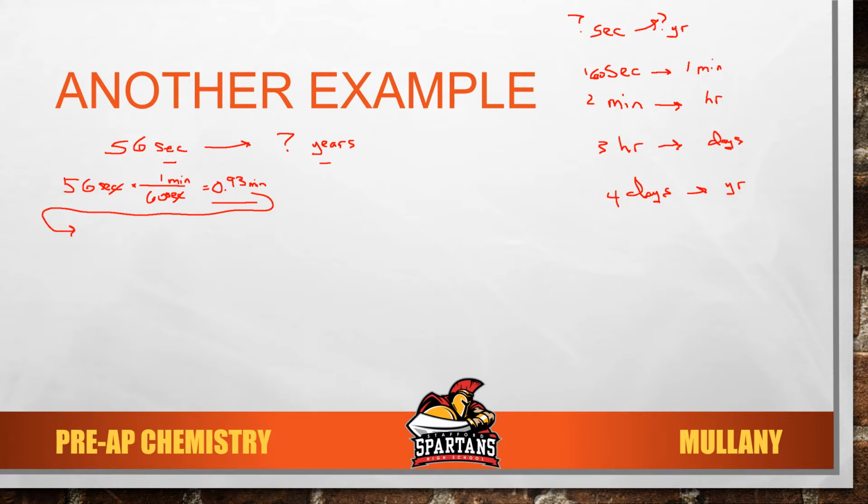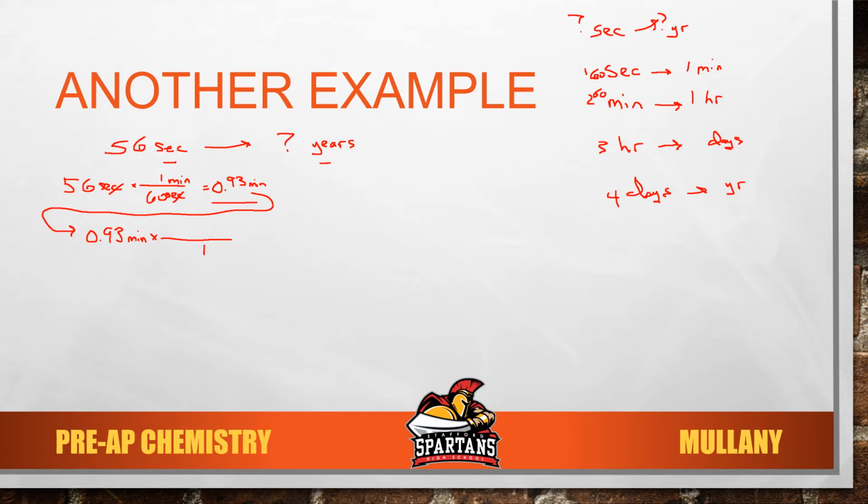Okay, now we're going to take this and do our second conversion. This is now what we're given to start with. 0.93. I always write the 0 first before a decimal point. It just helps me keep everything in place. I just find it reduces dumb mistakes, and that's been my life goal because I made a lot of dumb mistakes. Alrighty, 60 minutes, 1 hour.